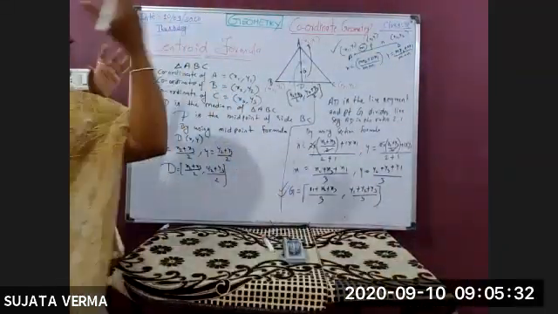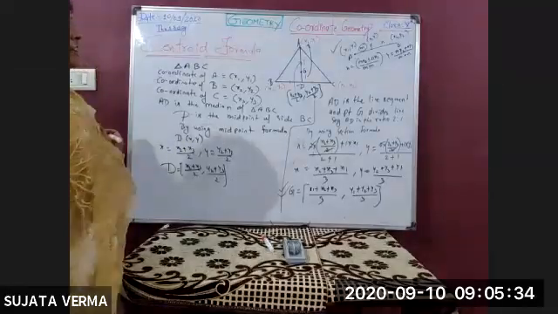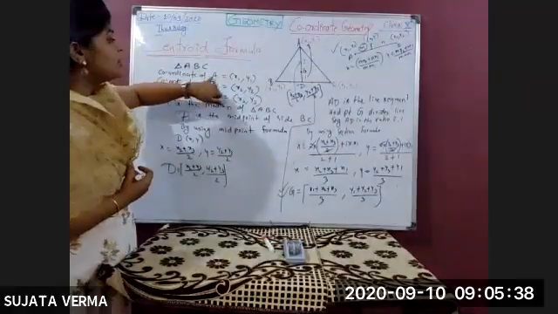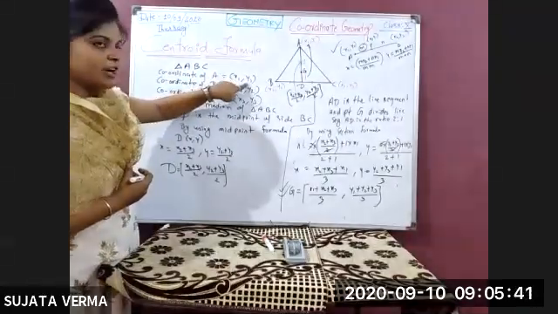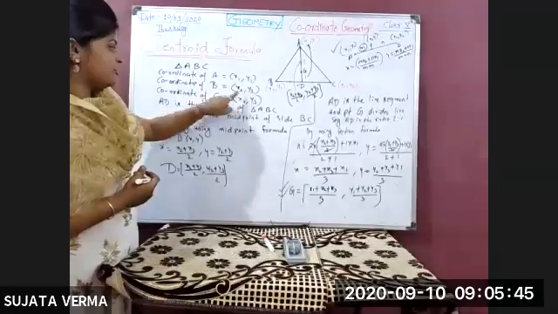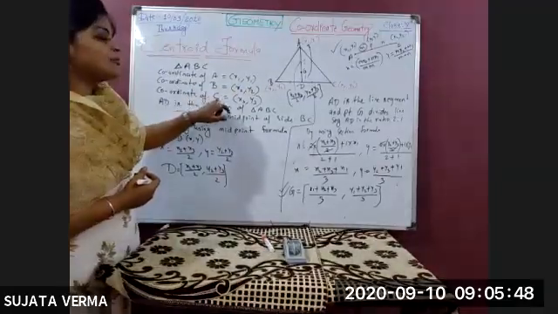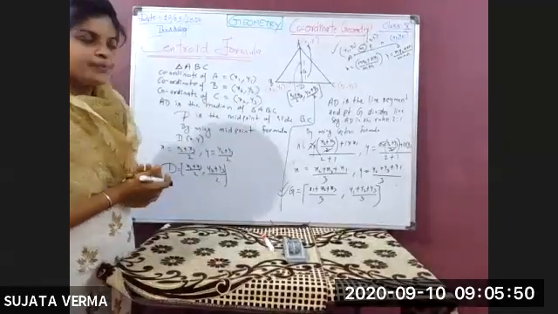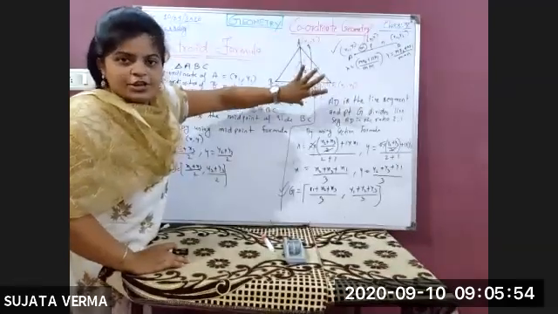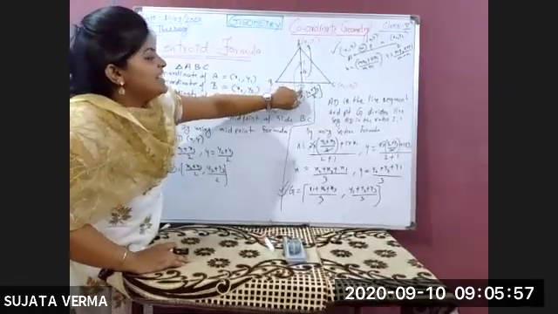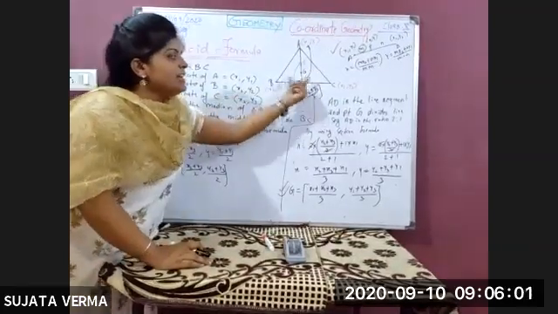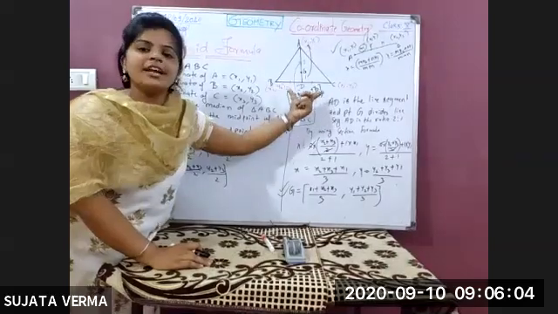I will explain this one again. First, we take a triangle and write the coordinates of the vertices. The coordinates of vertex A are x1, y1, of vertex B are x2, y2, and of vertex C are x3, y3. Then we say that AD is the median of BC, so D is the midpoint of side BC.